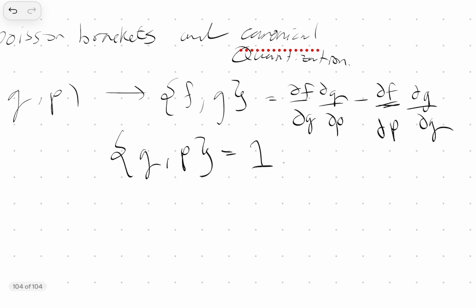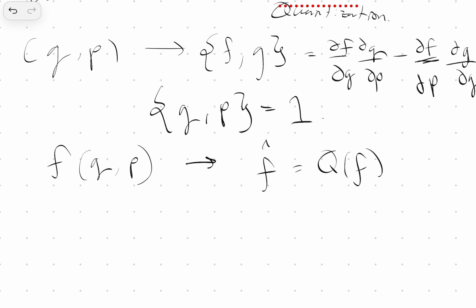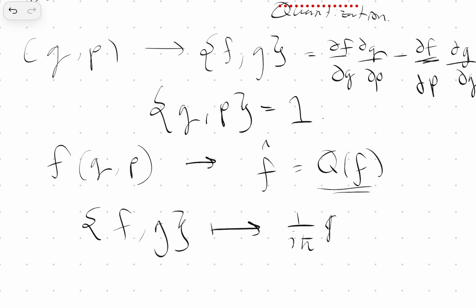And now what quantization is going to do is try to map real functions of P and Q to Hermitian operators. And these Hermitian operators are some representation of F on a Hilbert space, such that we take the Poisson bracket of F and G and map this to i h bar times the commutator of these operators.